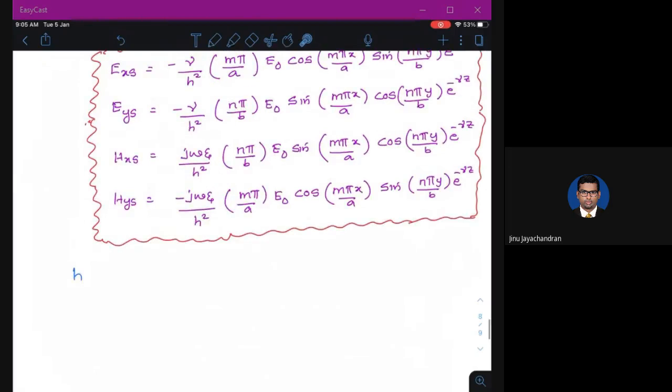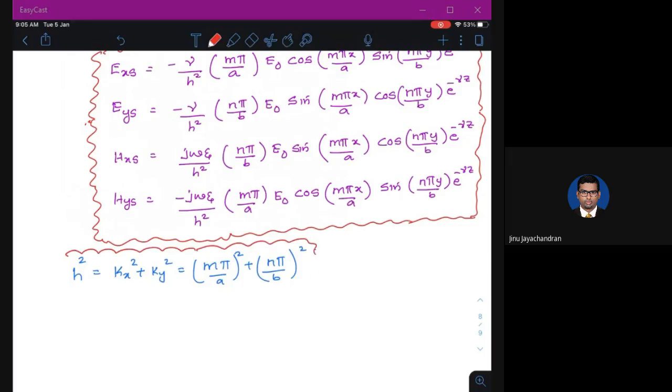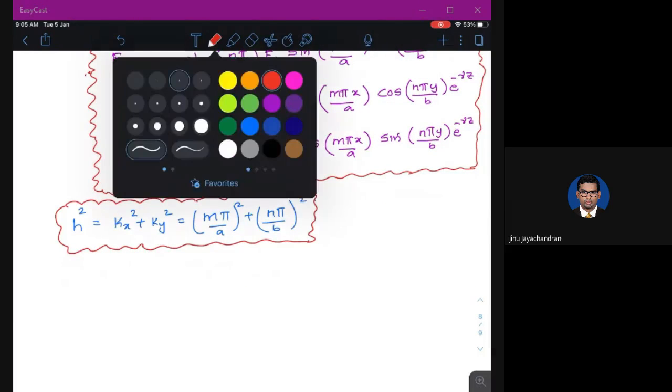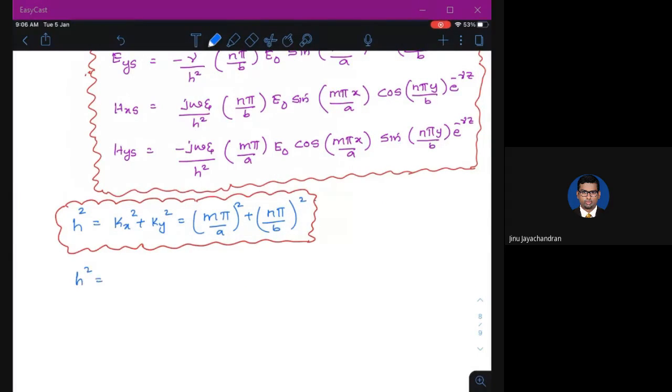So the value of h square is equal to kx square plus ky square, that is m pi by a whole square plus n pi by b the whole square. This is also important. Okay, and we have already told that h square is also equal to gamma square plus omega square mu epsilon. This we have already told.